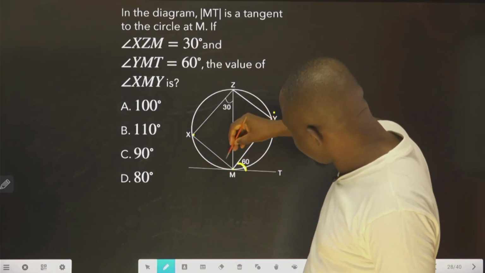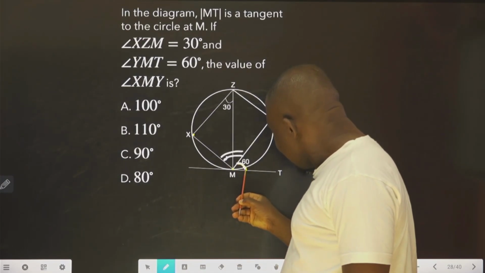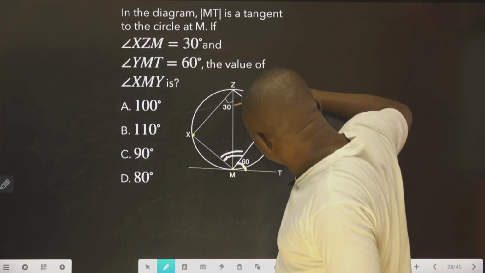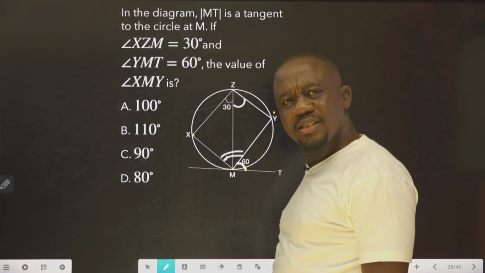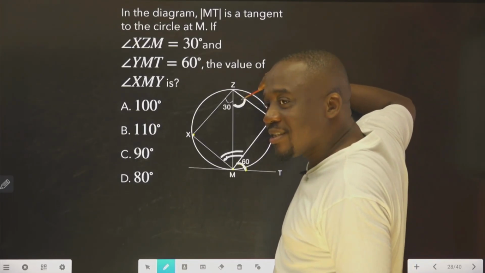We are looking for this angle. You will agree with me that this now is equal to this. How do you get that? This is the alternate segment.